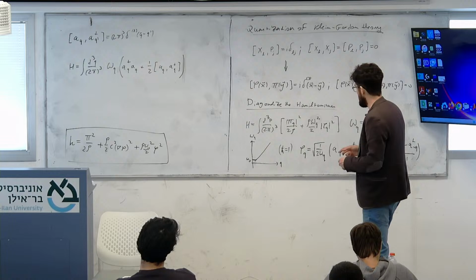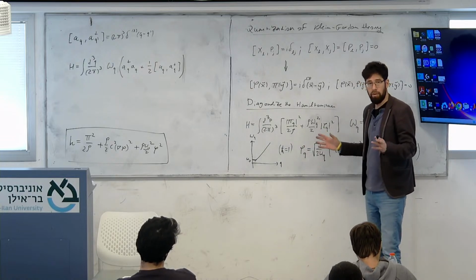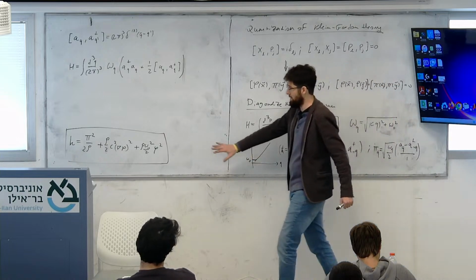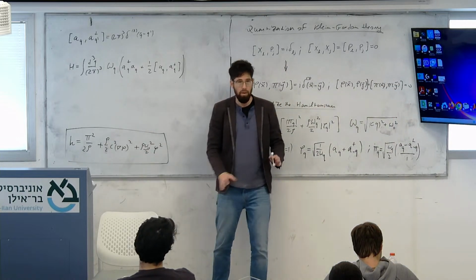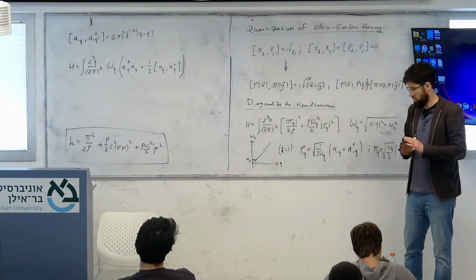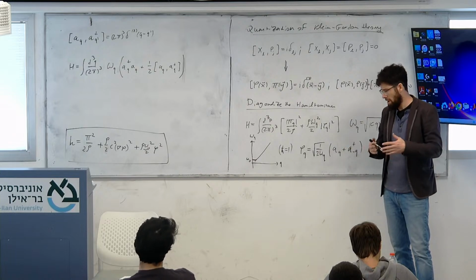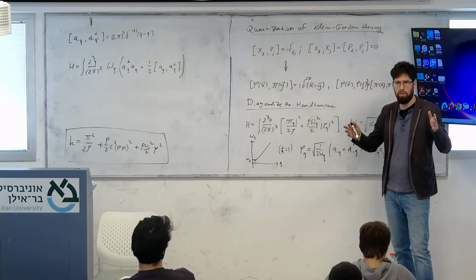I'm saying that because once we transform to momentum space, now it became exactly like this case where C is equal to 0. We have a bunch of disconnected or non-interacting harmonic oscillators.